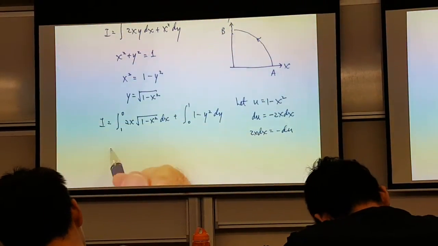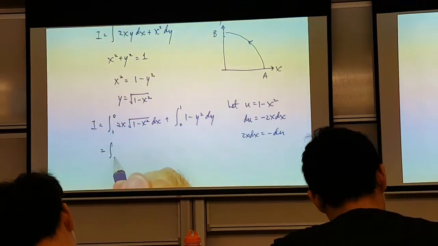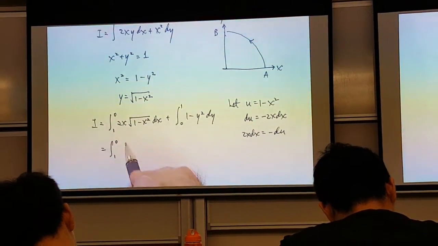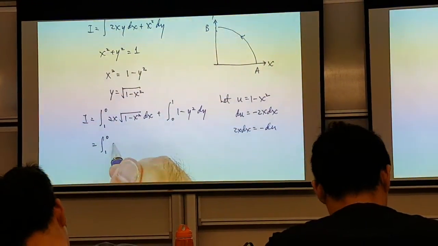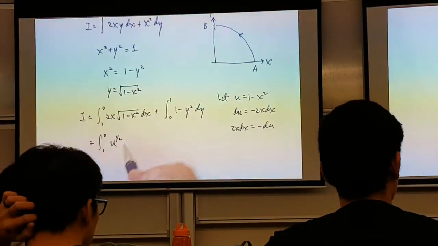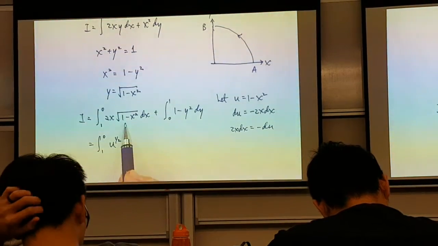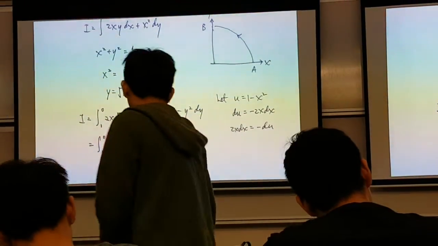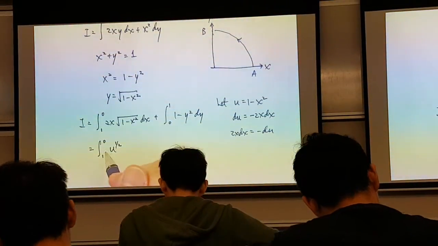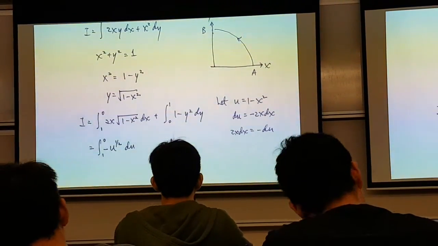So in this equation, the square root of 1 minus x squared can be written as u raised to the power of half, and then it's a minus du.